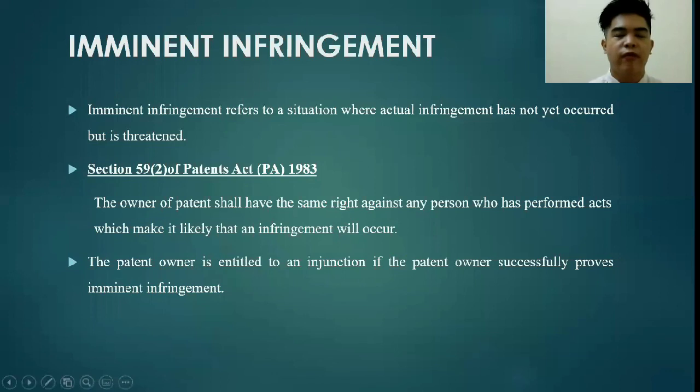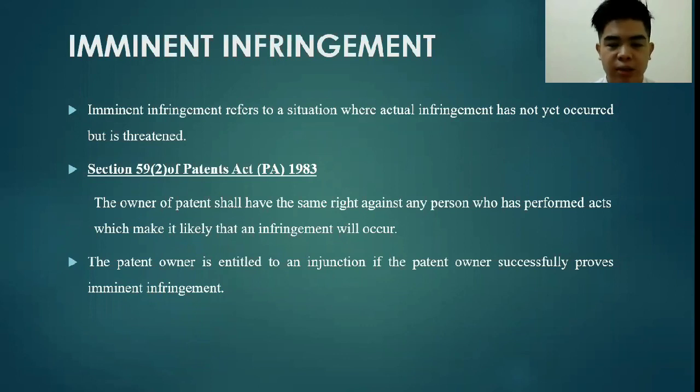Lastly, we have come to the last slide of my presentation. I will discuss imminent infringement. Imminent infringement refers to a situation where actual infringement has not yet occurred but is threatened.